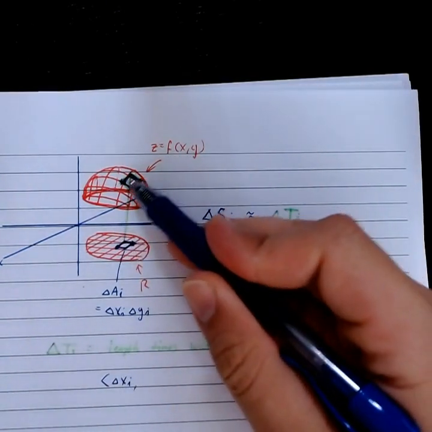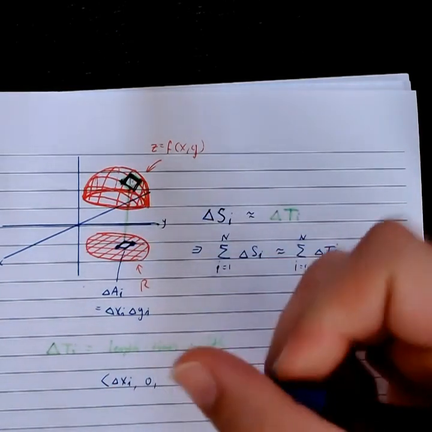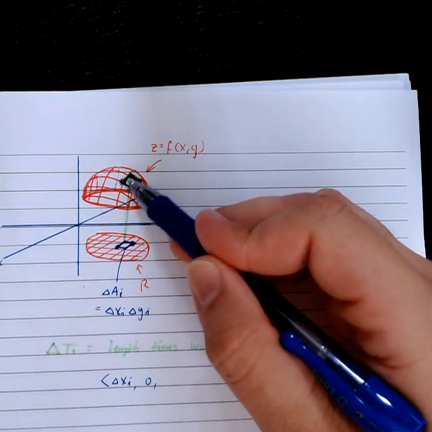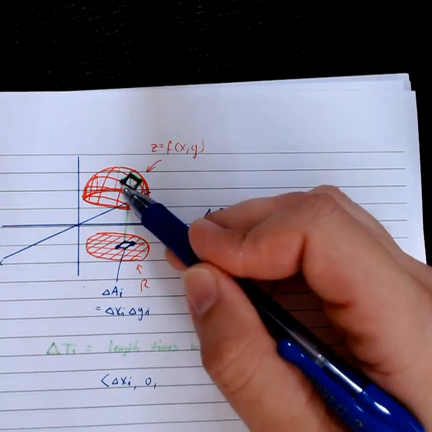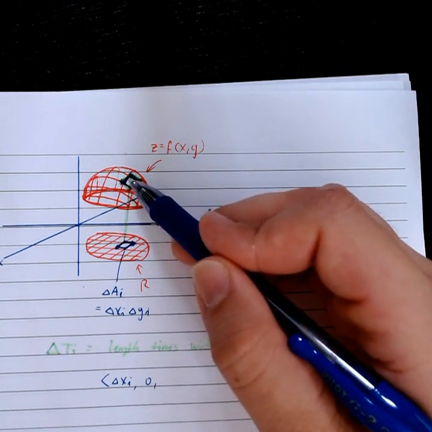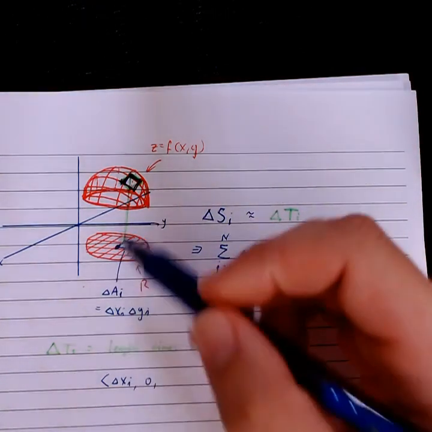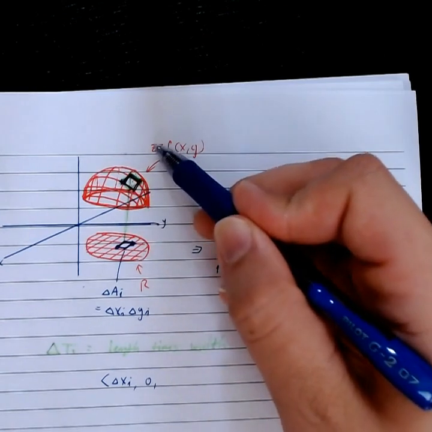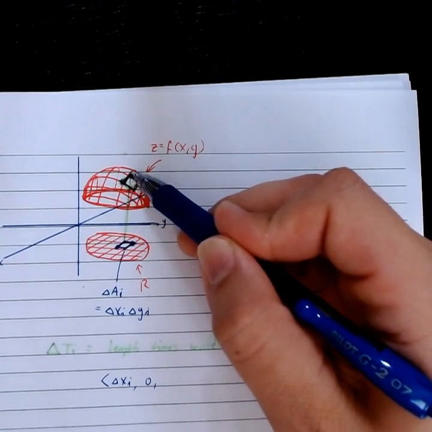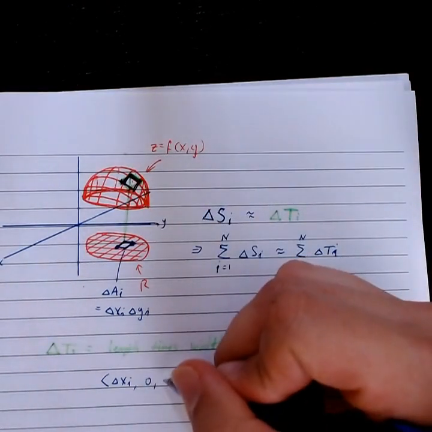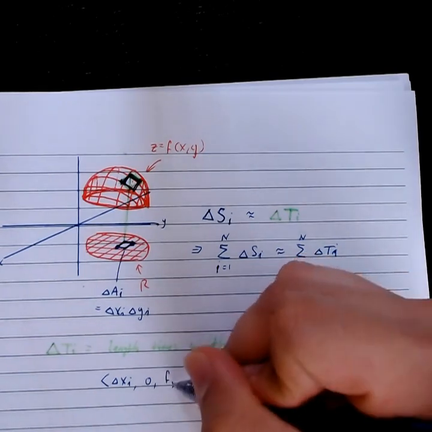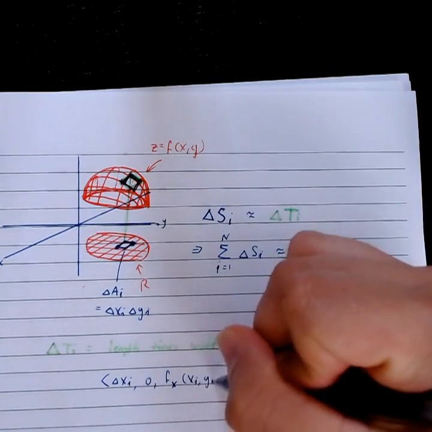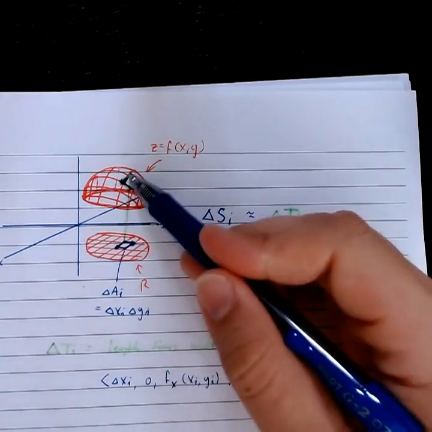We're not moving in the y direction for this one, so the second component is 0. And for the third component, we've seen in previous sections that if you're taking a small step in the direction of the x-axis, the z changes by an amount equal to the partial derivative with respect to x. Saying that a slightly different way, I'm at a point, I'm walking only along the x direction. The amount that my function will change is, by definition, the partial with respect to x. So this third component would be f sub x, the partial with respect to x, at that particular point, x i comma y i. So that's going to be one of my vectors.